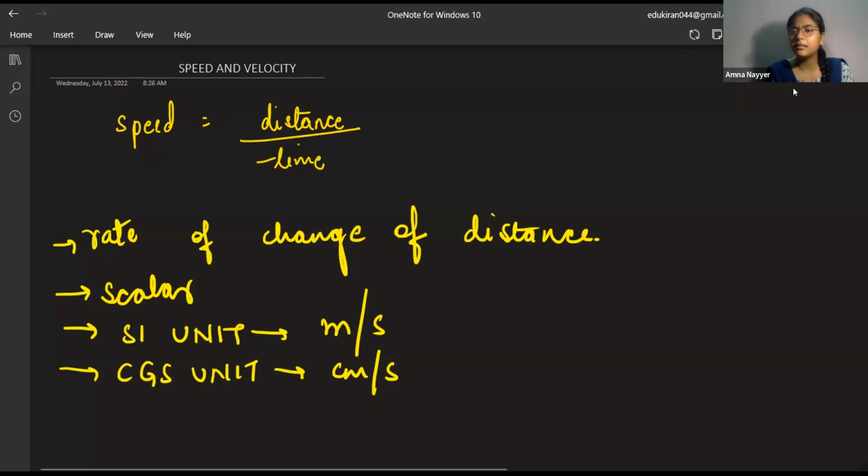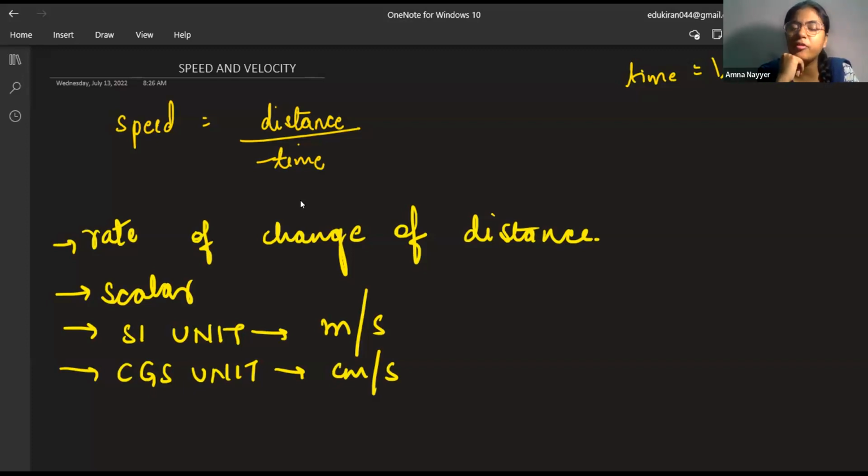Class, tell me one thing. If I write time as 1 second, what will be the relation between speed and distance? Can anyone tell me by looking at this formula? If time is 1, then what will be left in the formula?